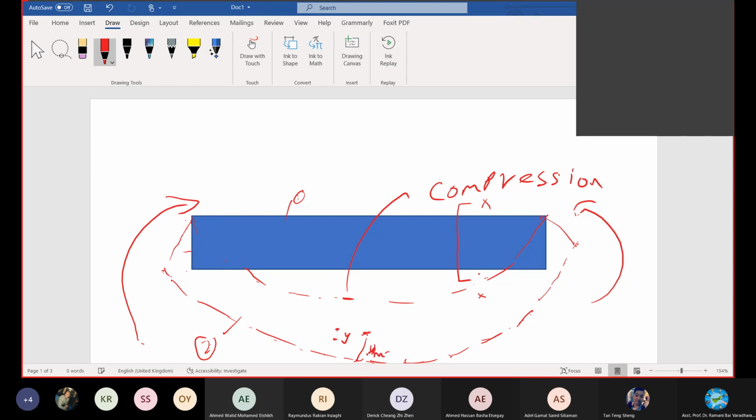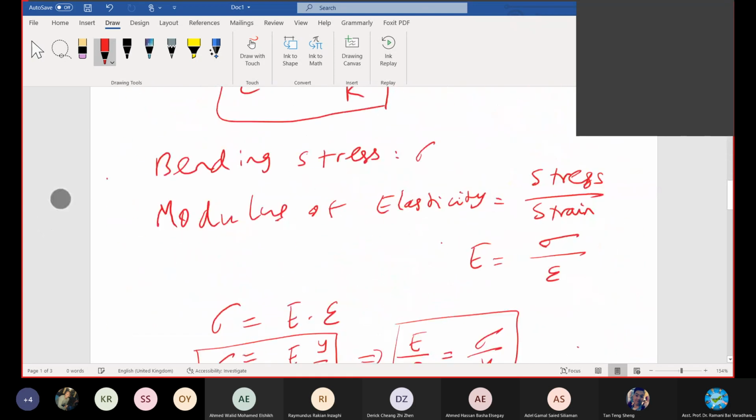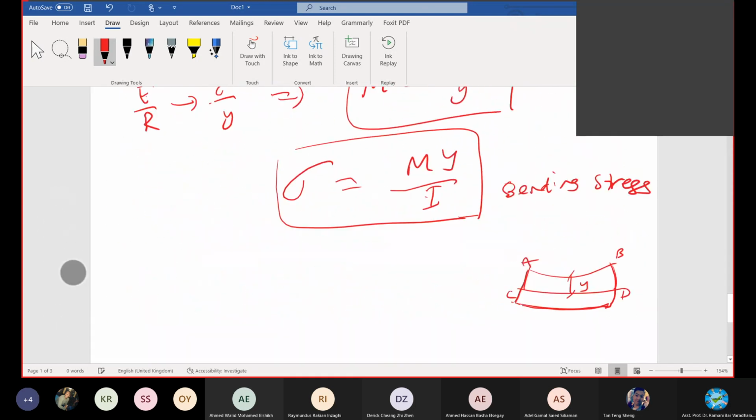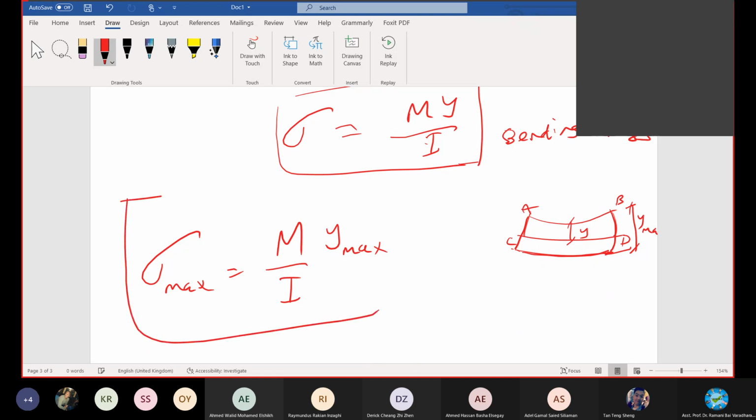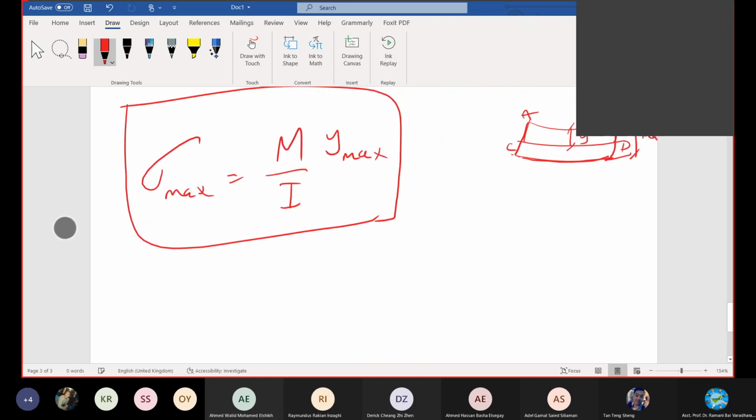For finding y max, just replace y with y max, and then the maximum stress is equal to M y max divided by I. So this is also an ultimate stress that one can derive using this bending formula or flexural formula.